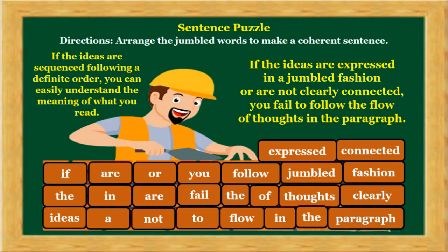And when the order of sentences in the paragraph has been determined, you choose the most appropriate cohesive devices to connect ideas. That said, let us now learn the most effective way of sequencing ideas in a paragraph.